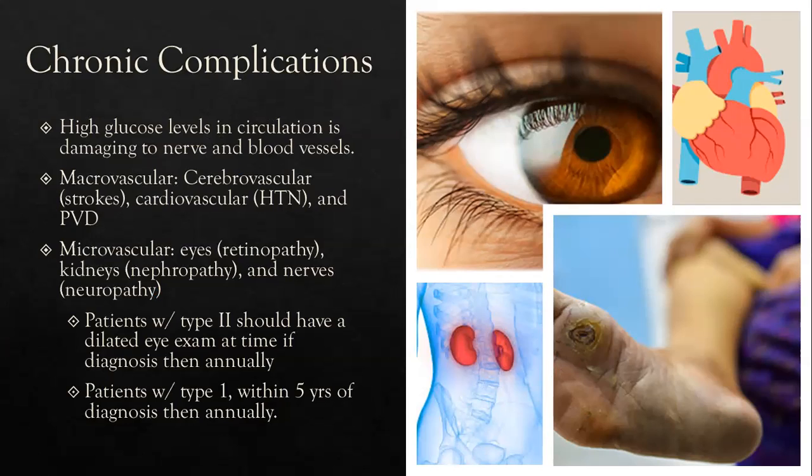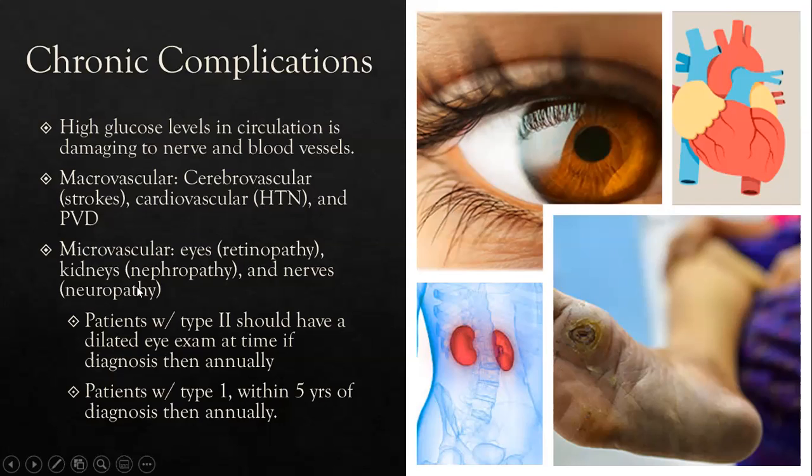You need to know the difference between the macrovascular versus microvascular. Macro are the larger vessels, so your cerebrovascular, diabetes is a high cause of strokes. Cardiovascular, diabetes will cause hypertension. And PVD, which is peripheral vascular disease. That's poor blood flow in your major limbs.